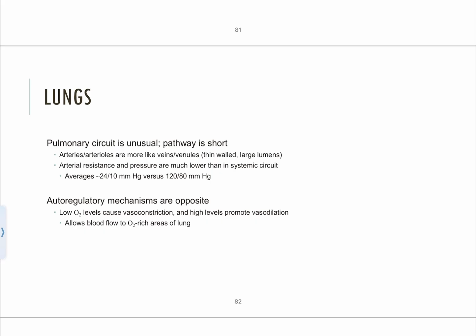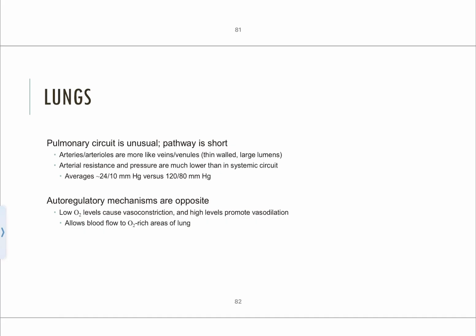Arterial resistance and pressure are much lower than in the systemic circuit because it doesn't have as far to travel. It's a short pathway, so about 24/10 millimeters of mercury for pulmonary circulation. For systemic circulation, that was our 120/80 millimeters of mercury.